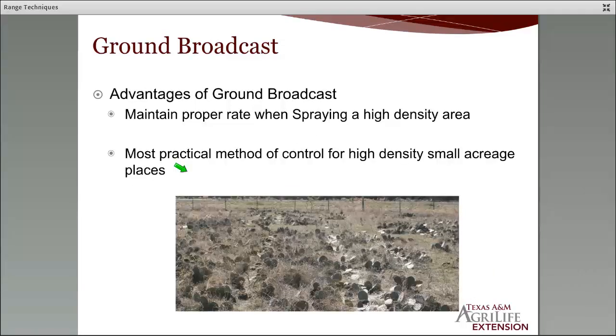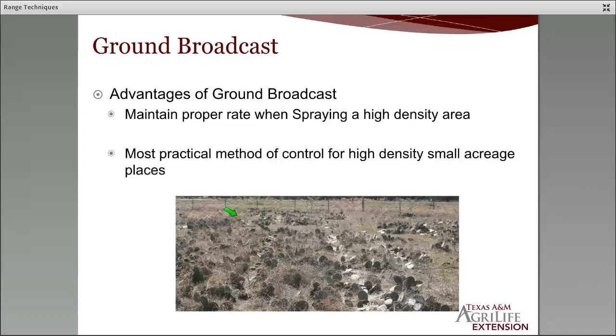If we look at some advantages of ground broadcast applications, there are a lot of areas in Texas that are relatively small prickly pear patches. If we go out and try to spray each prickly pear colony by individual plant treatment, typically we will exceed our maximum rate of herbicide per acre.